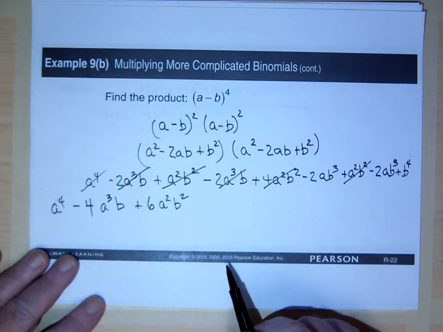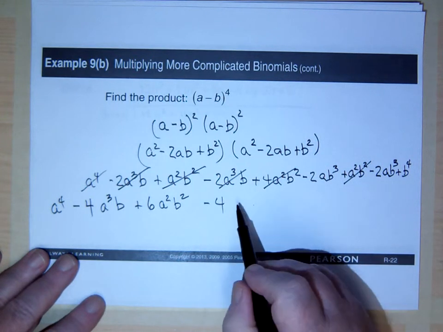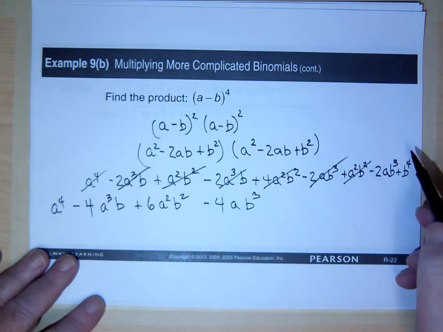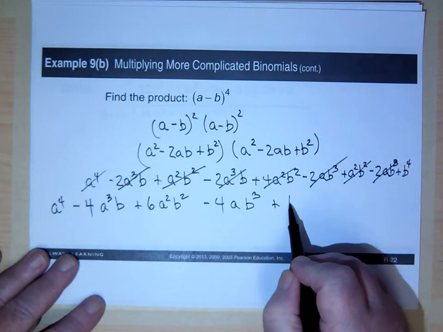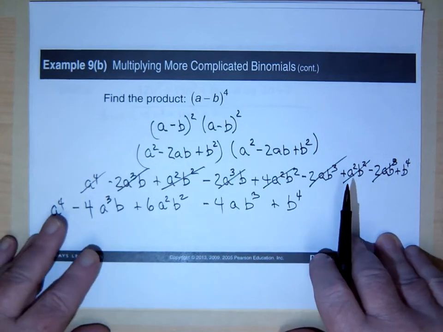And then I will have minus 4 a b cubed plus b to the fourth. And so that would be the answer to that problem.